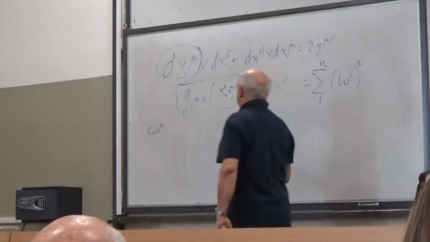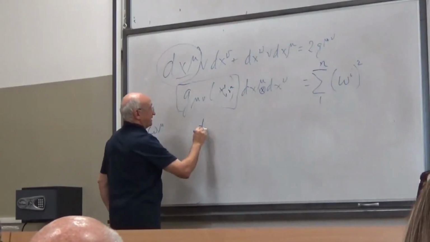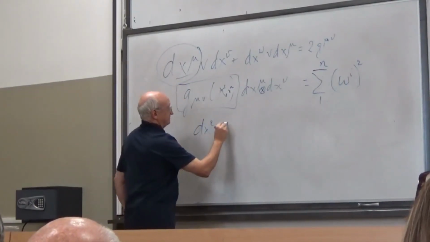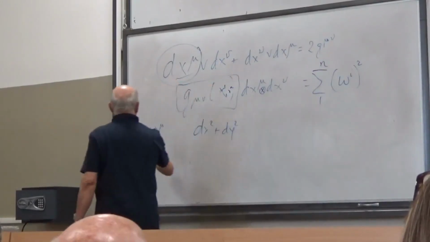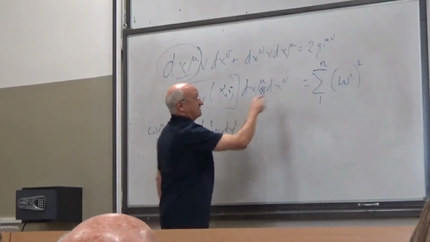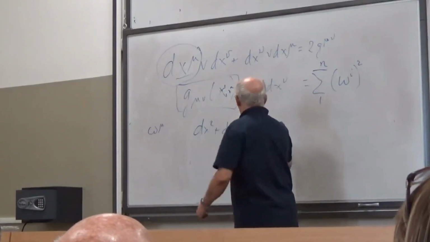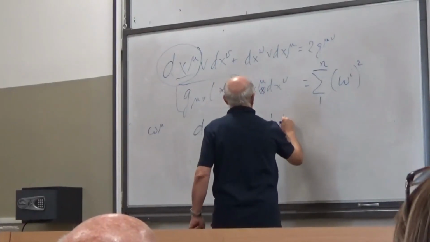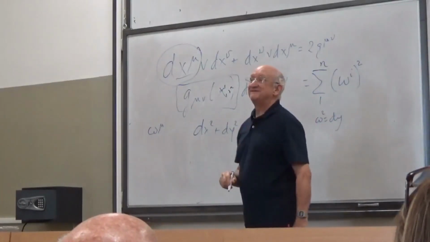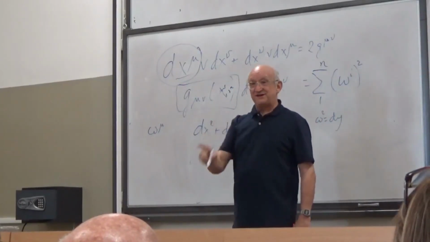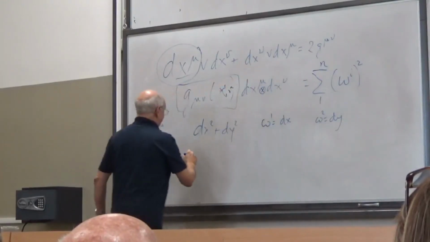Why? If I give you this metric, only 2, and let's say what are the omegas that satisfy that? You're going to say, aha, omega 1 equals dx, omega 2 equals dy. That's only the beginning. In reality, there is an infinite set of them.